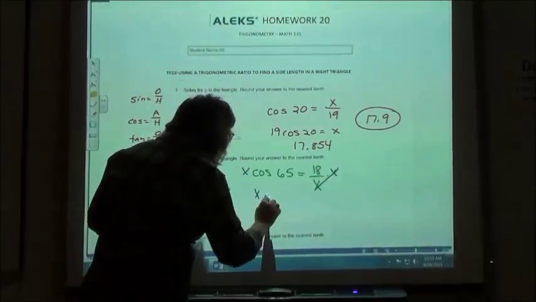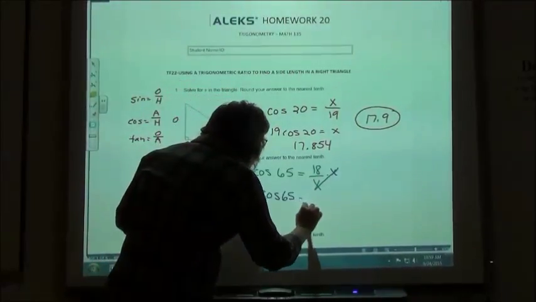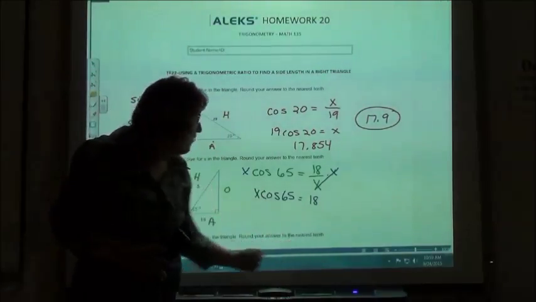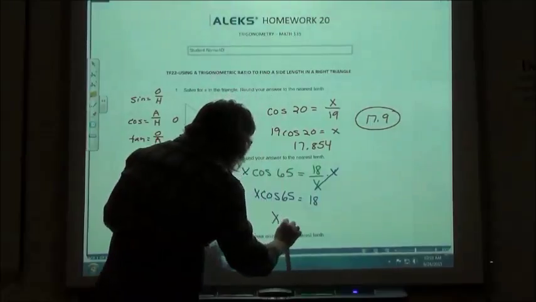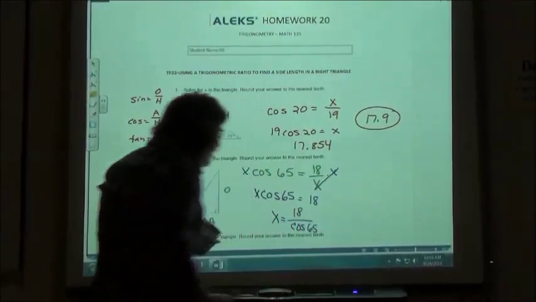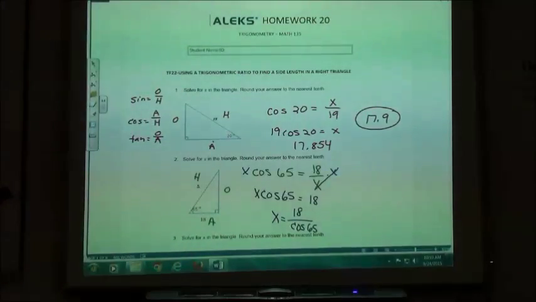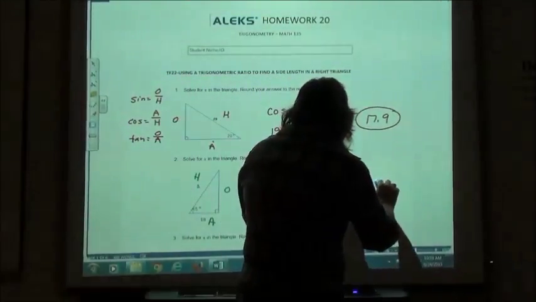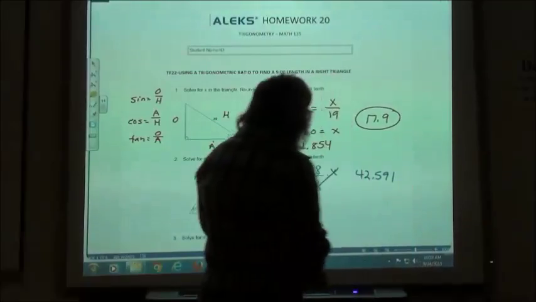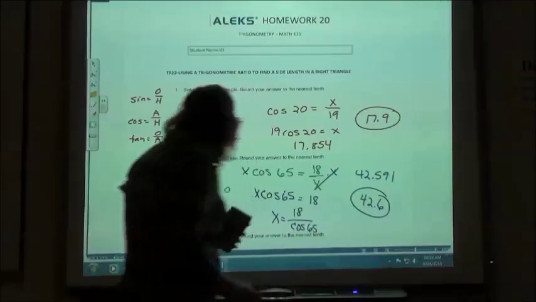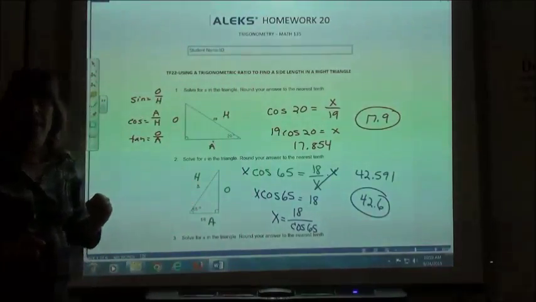So I have x cosine of 65 equals 18. And then to get x by itself, I end up having to divide. So x is going to equal 18 divided by the cosine of 65. And so on my calculator, 18 divided by the cosine of 65 gives me 42.591. Rounding to the nearest tenth then, 42.6 would be my answer for how long my hypotenuse would be.